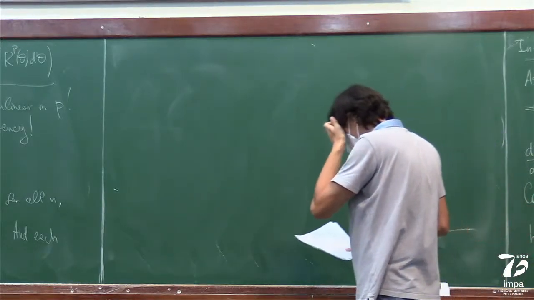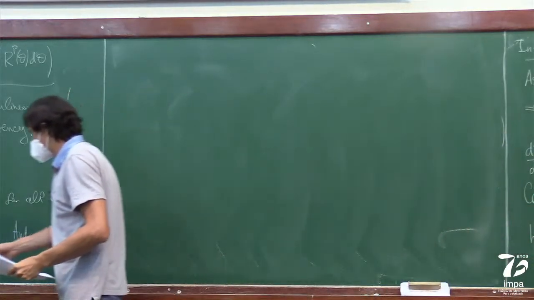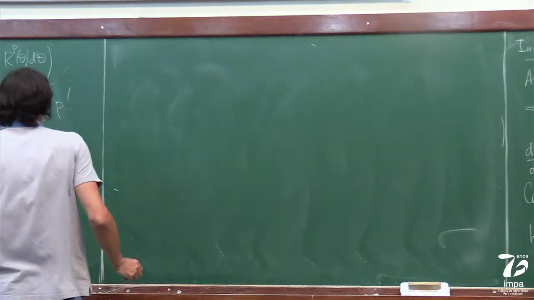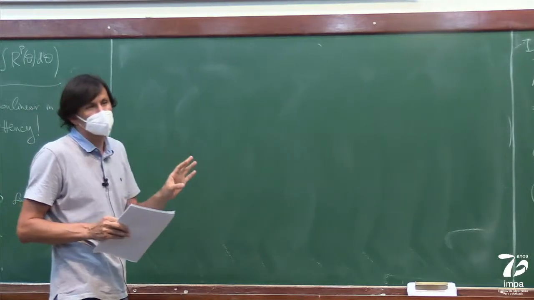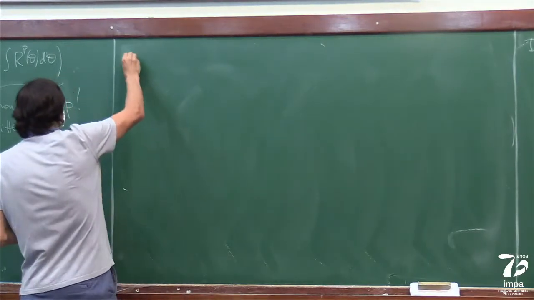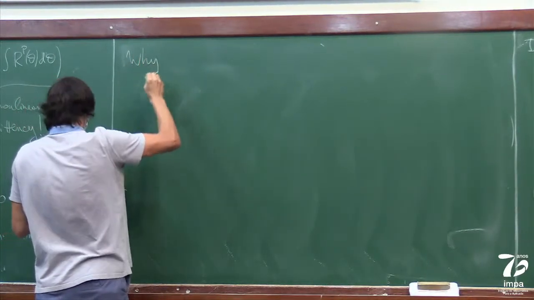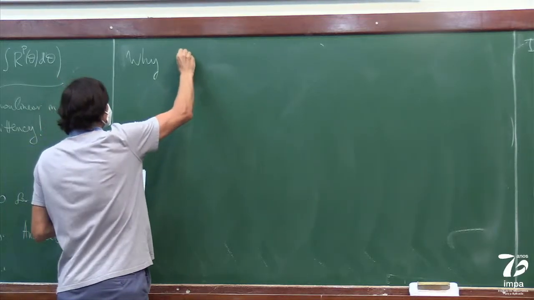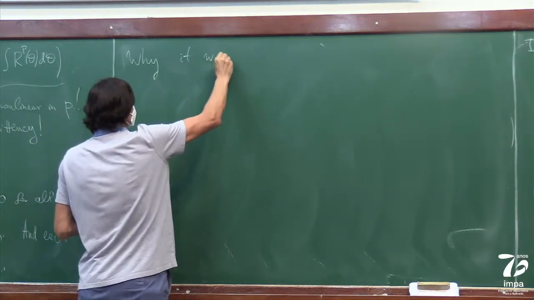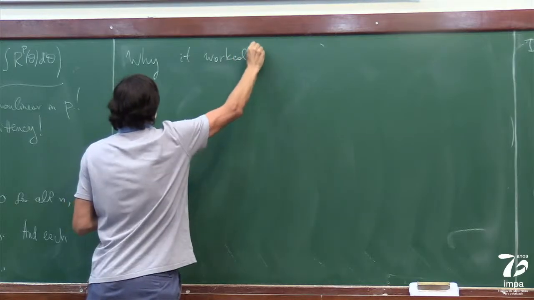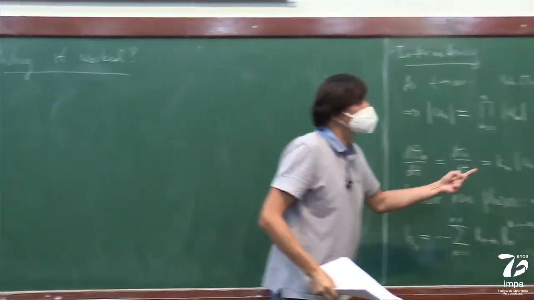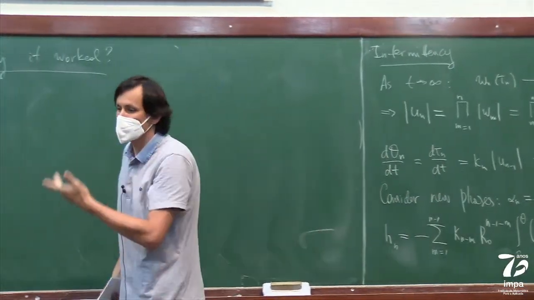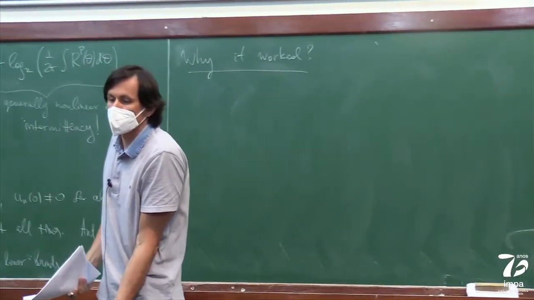It is about hidden symmetry. In relation to the example we have, it has to do with the question of why it worked: why we succeeded in solving it and reproducing intermittency in this example.